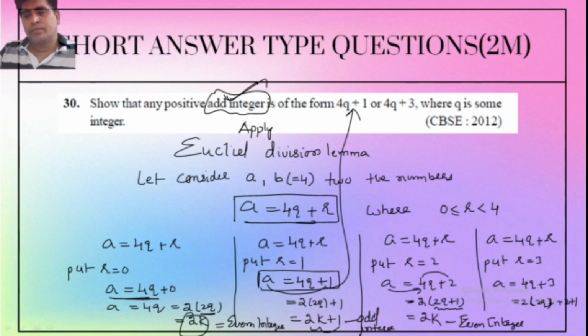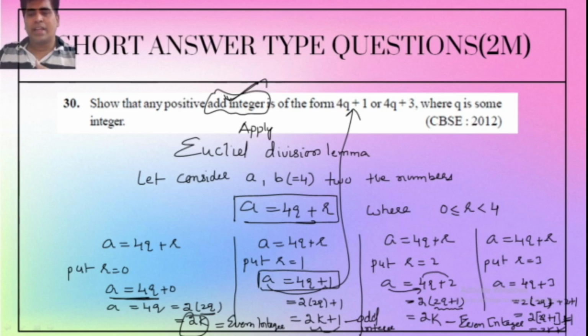If I take 2 common, I get 2 times (2q plus 1) plus 1. That is nothing but 2k plus 1.